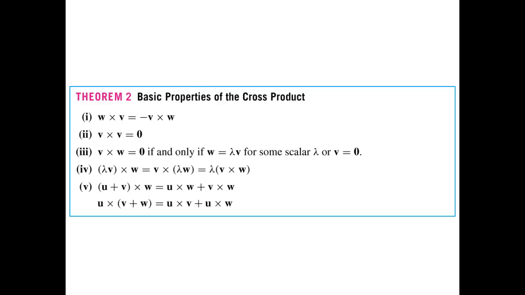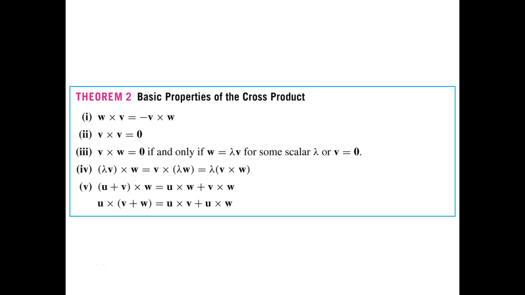Well, if you think of V crossed with itself, there's an infinite number of vectors that would be perpendicular to a vector crossed with itself in a straight line, and you just can't have an answer there, so in one sense it almost has to be the zero vector.